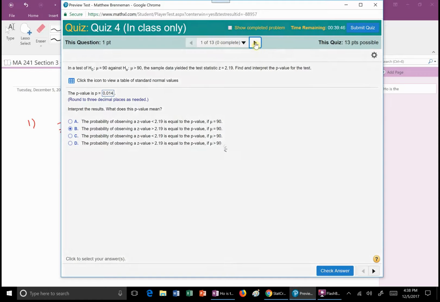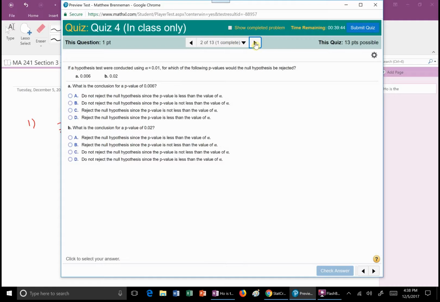All right. Problem 2. If a hypothesis test were conducted with alpha equal to 0.01, for which of the following p-values would the null hypothesis be rejected? Remember what the decision rule is here.